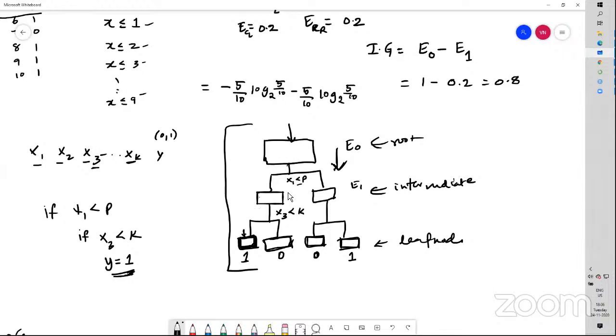But on the left hand side, we are able to split further using the variables until we reach a point where we would not be able to decrease the entropy, we are not able to decrease the Gini further, and it stops there. That's when our leaf nodes form. So this process is what we call the learning process.